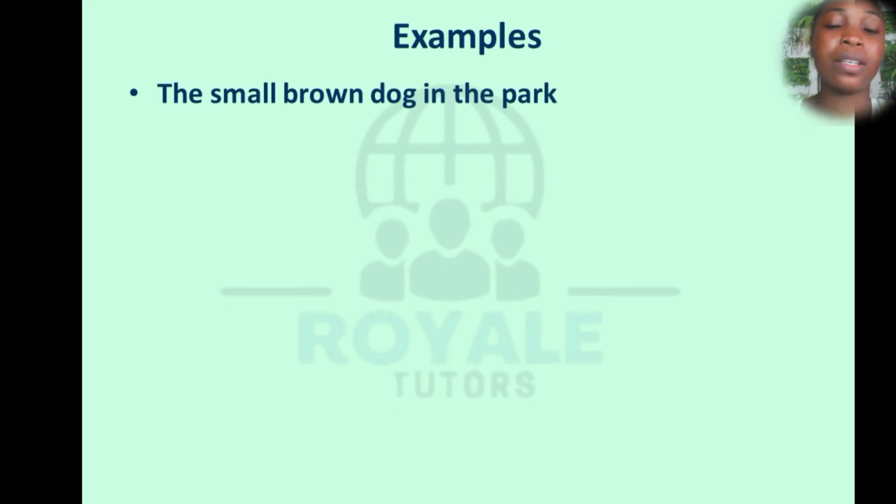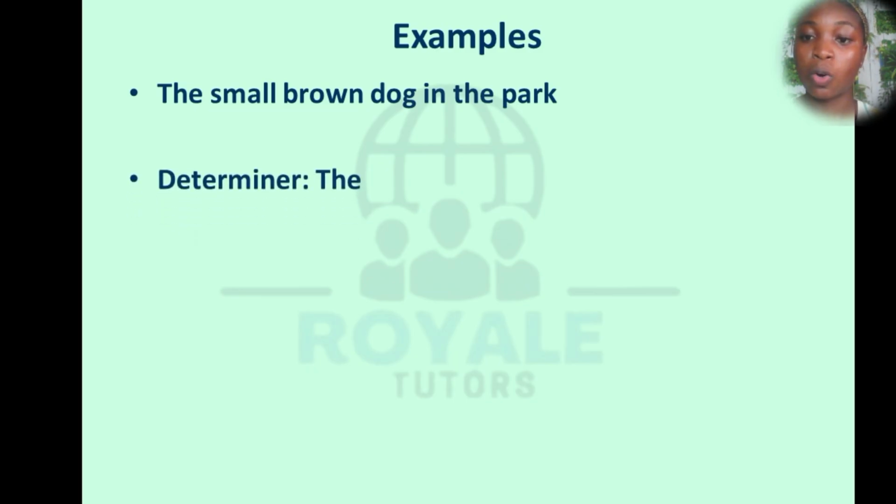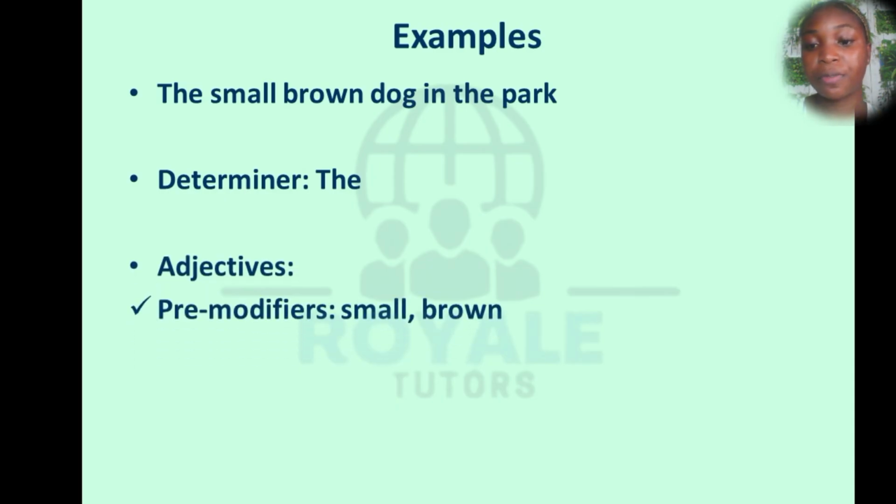We have a noun phrase here: the small brown dog in the park. We have the determiner, the. We have the adjectives, the pre-modifiers, small and brown.